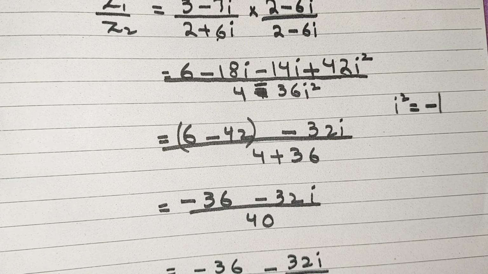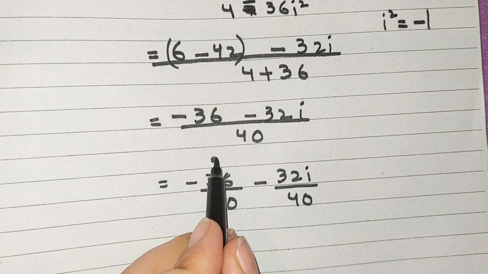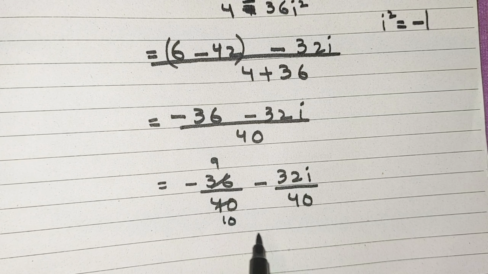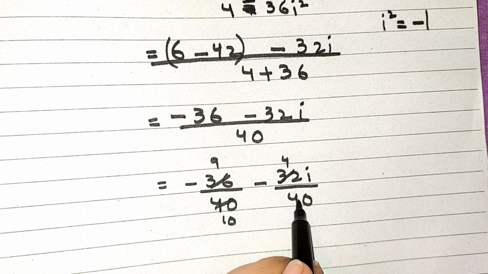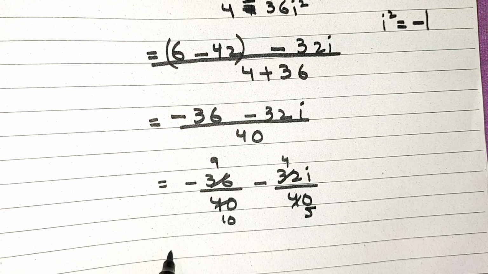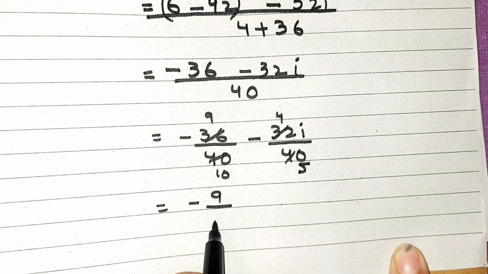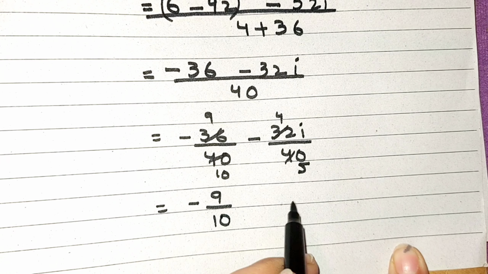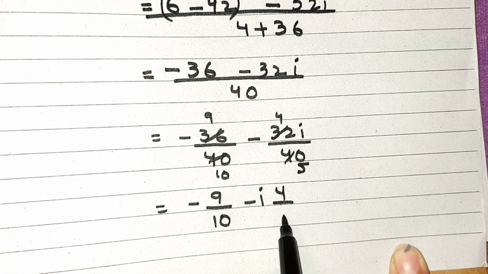Further we can see that this can be cancelled, right? So that will be 9 upon 10, and this one is also cancelled, and that will be 4 upon 5. So that will be minus 9 upon 10 minus iota times 4 upon 5.